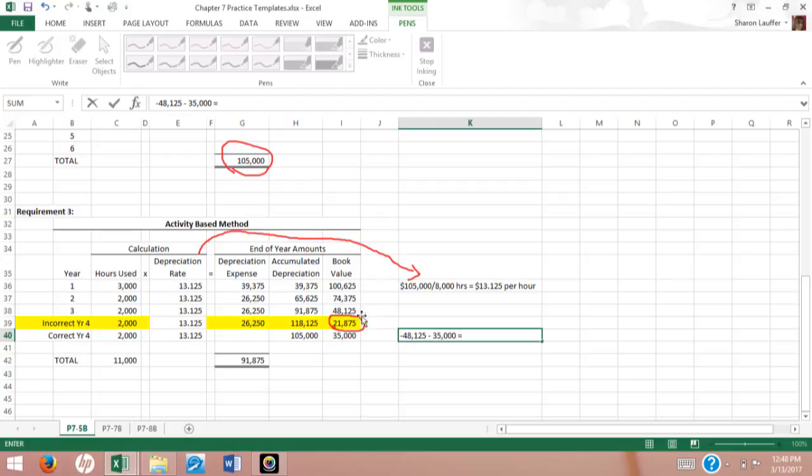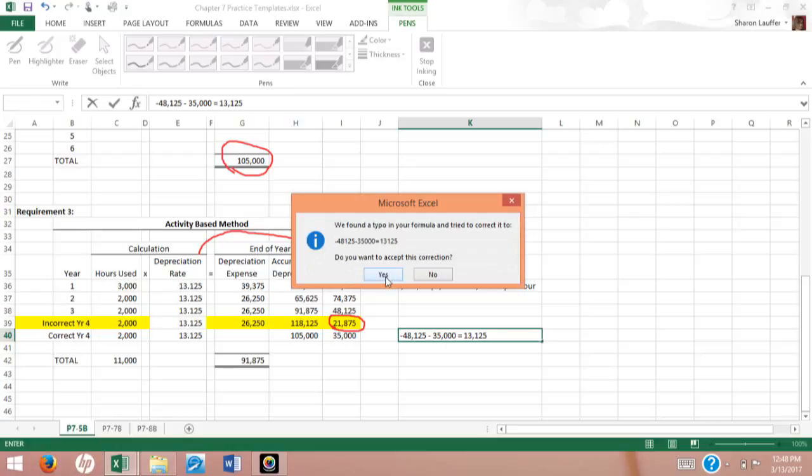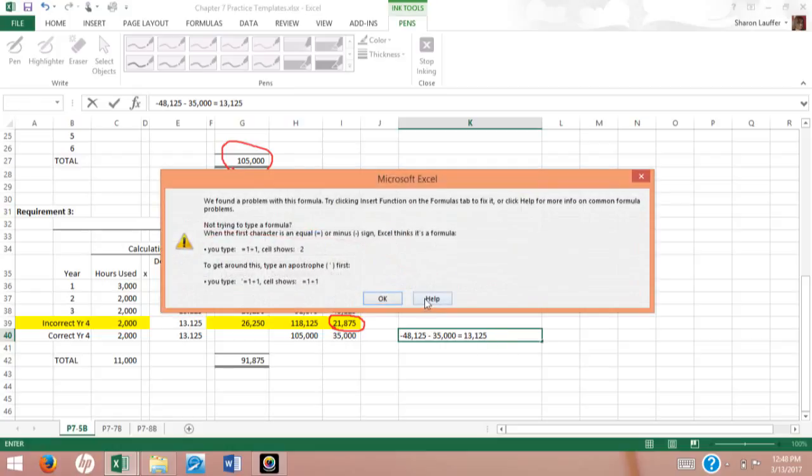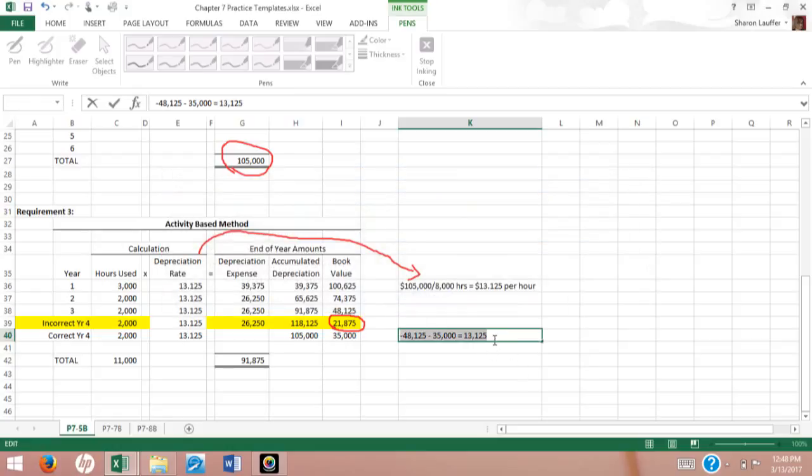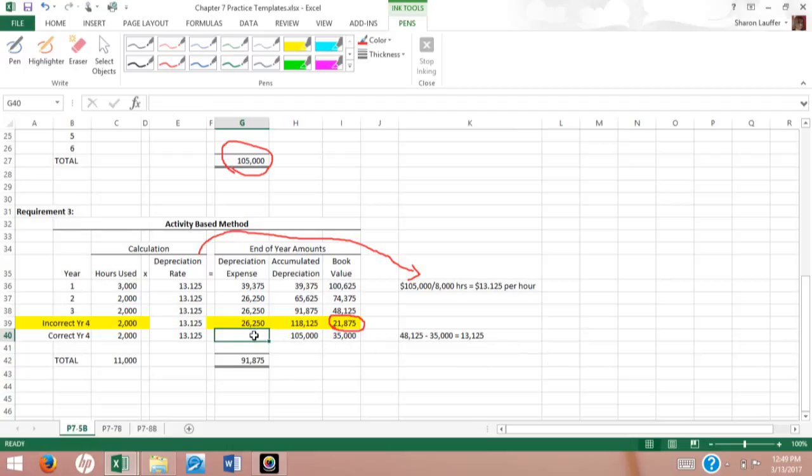So if we take the book value we had and the book value that we need to get down to and subtract those two, we come up with a difference of $13,125. All right, so that $13,125 is the amount of depreciation that we need to take in year 4 to make our ending book value be $35,000. So I'm going to put that in here.